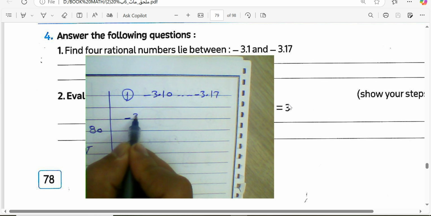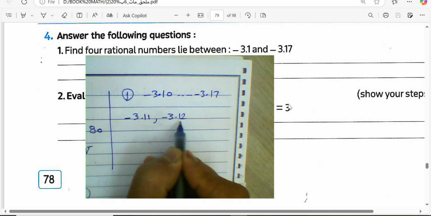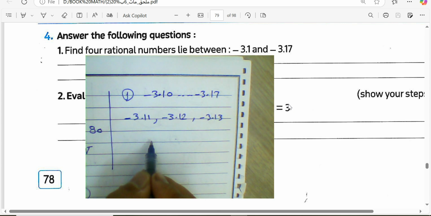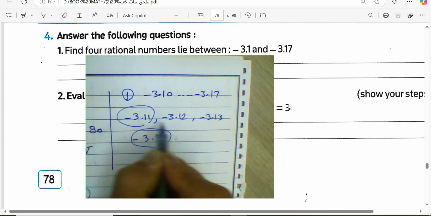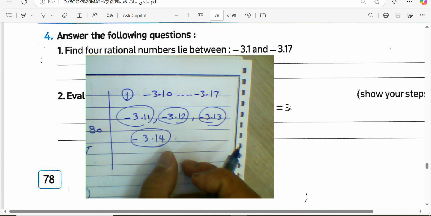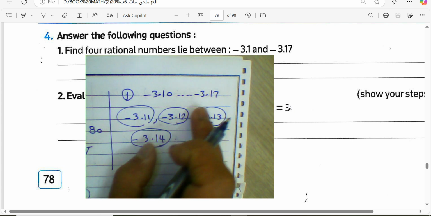Like that: negative 3.1 and 1, negative 3.1 and 2, negative 3.1 and 3, and negative 3.1 and 4. We have 1, 2, 3, 4. We want to find 4 rational numbers between negative 3.1 and negative 3.7.